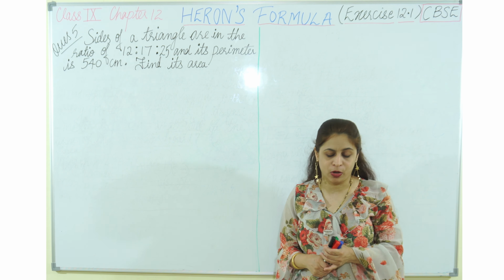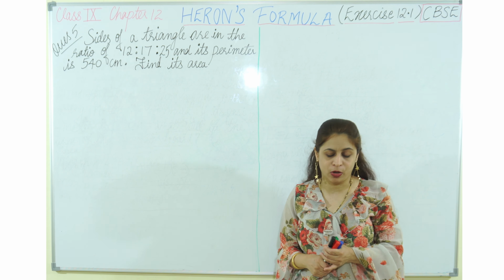From here we can easily find the value of x, which will be equal to 540 upon 54. Here 54 is in multiplication with x, so when it goes to the other side, it goes with division. So the value of x comes out to be 10 centimeters.